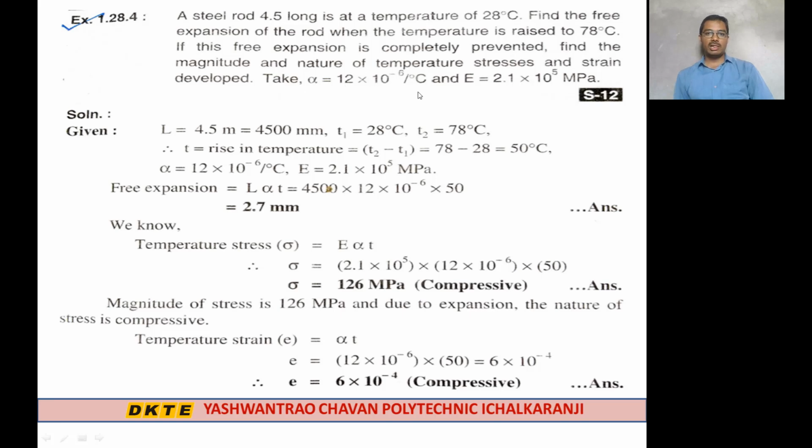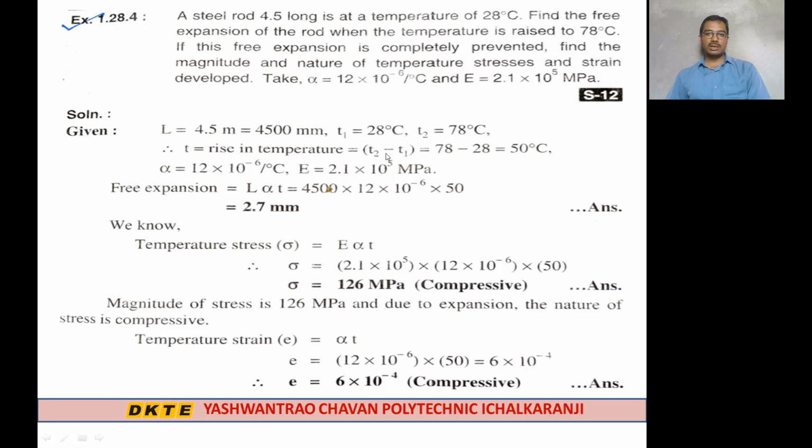Alpha is equal to 12 into 10 raised to minus 6 per degree centigrade. E is equal to 2.1 into 10 raised to 5 megapascal. Length is given 4.5 meter, 4500 millimeter. T1 is equal to 28, T2 is equal to 78. That means rise in temperature. We have to take the difference of both of these.